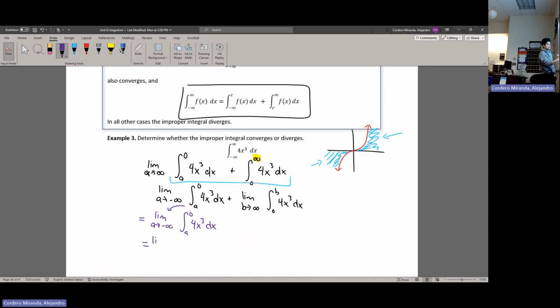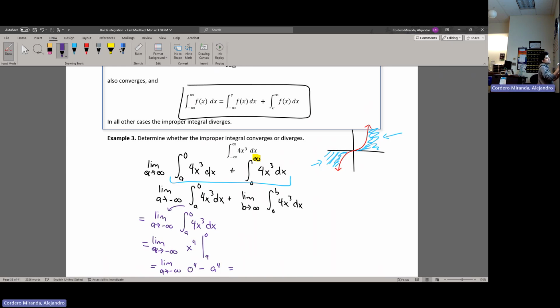That would be the limit as a goes to negative infinity of x to the fourth. Plug in 0, plug in a. That would give me the limit as a goes to negative infinity of 0 to the fourth minus a to the fourth. And then what would this be?